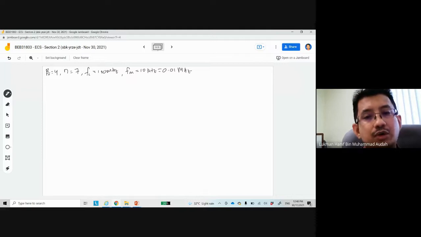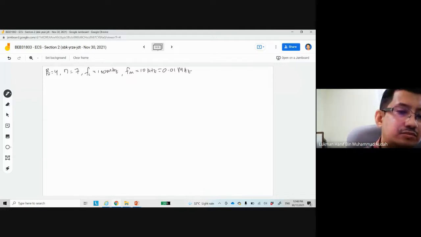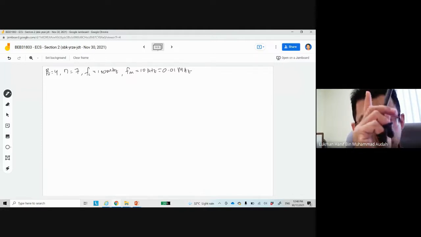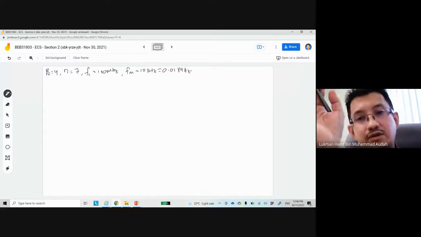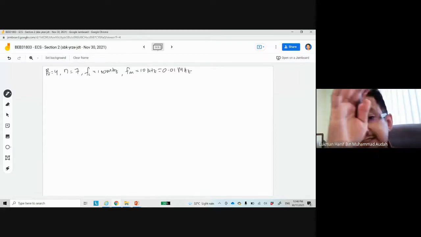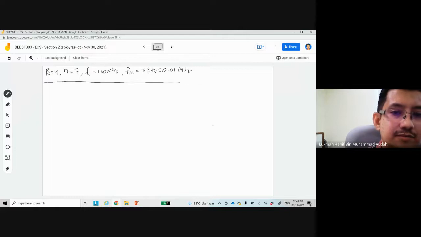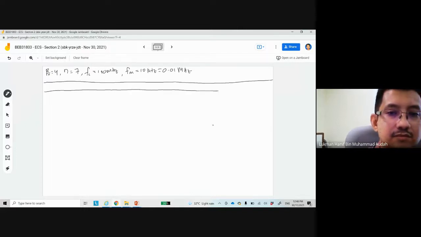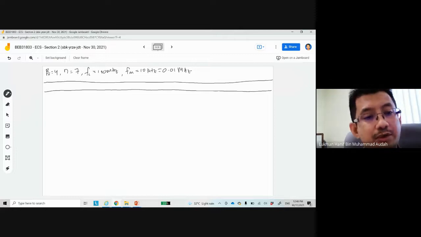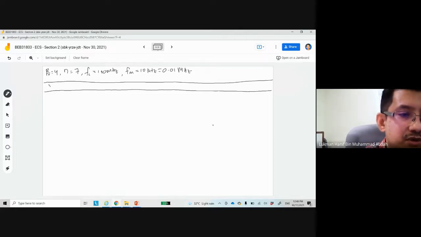Now we want to draw the frequency spectrum, but this is power versus frequency. So how to do that? So kita buatlah table. Again, tak perlu guna pembaris, jangan guna pembaris.